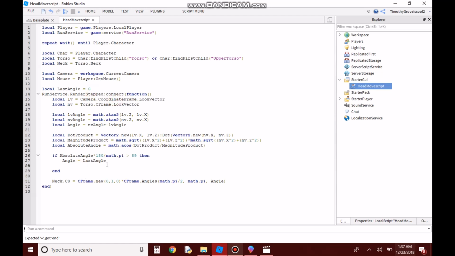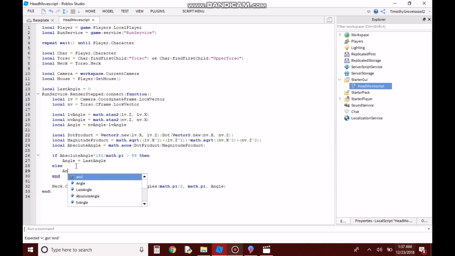So else, if it's not greater than 89, then we'll make last angle equal to angle. Okay. So here we have everything done, and it should work if we did everything right.